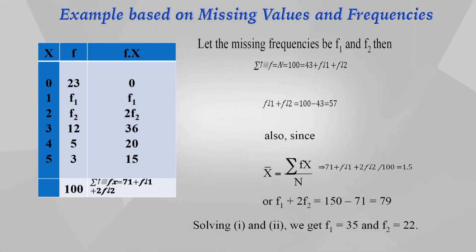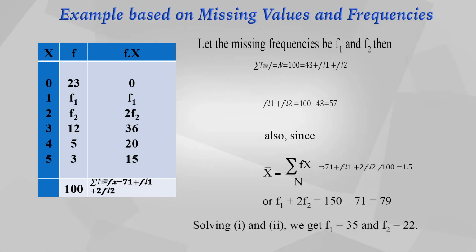After putting this summation of fx in the mean formula, we get the equation f1 plus 2 times f2 is equal to 79.